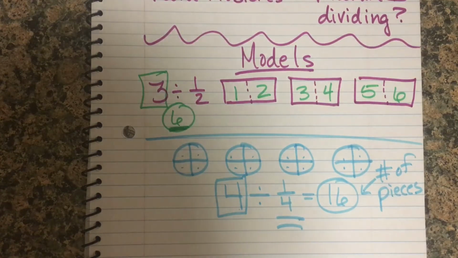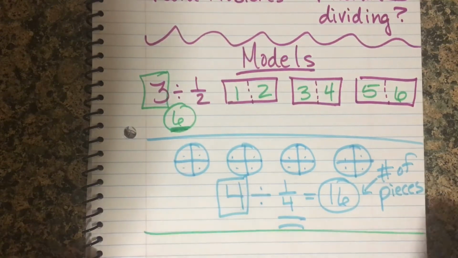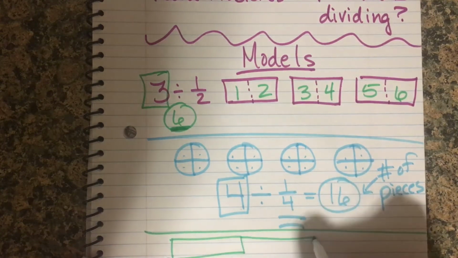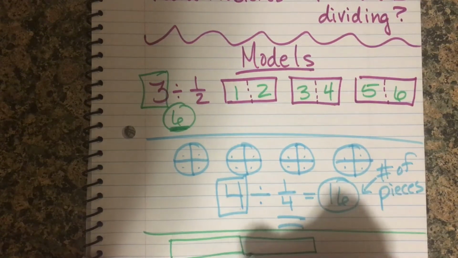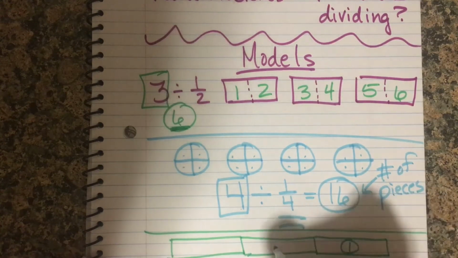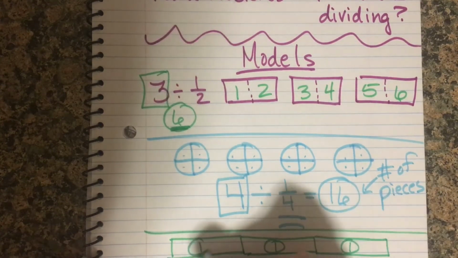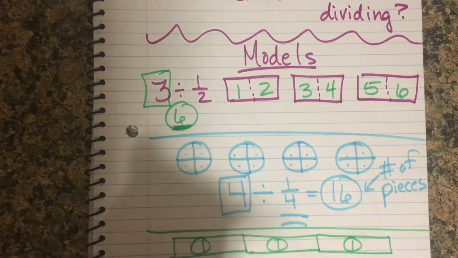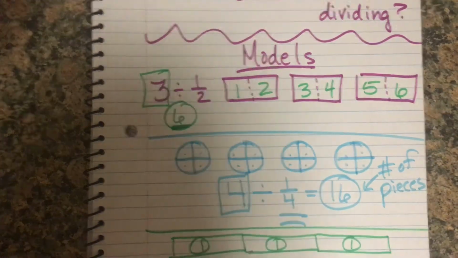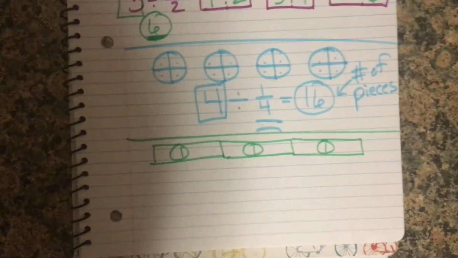Another model you're going to see is one where they create strip diagrams, and they always start off with these 1-whole strips at the top, and then underneath they usually conveniently have another color.